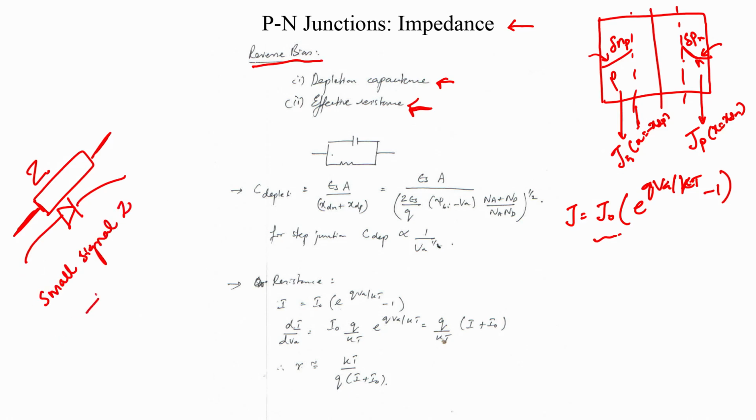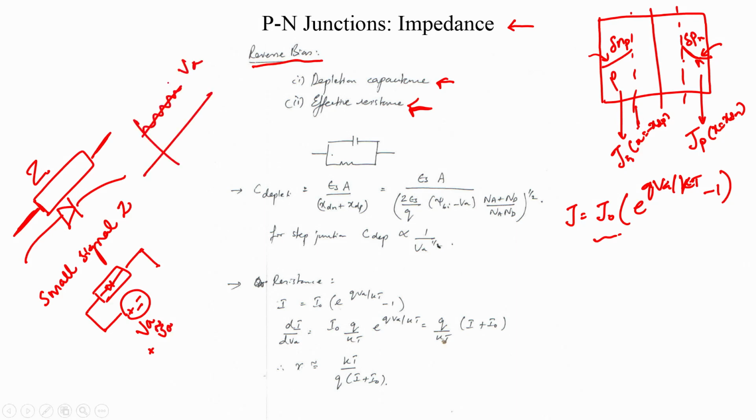What it implies is that if you have this device in a black box, so let us say here you have your PN junction diode in a black box, and you have these two terminals, and you apply a DC bias voltage firstly, and on top of that you apply a small signal AC voltage.